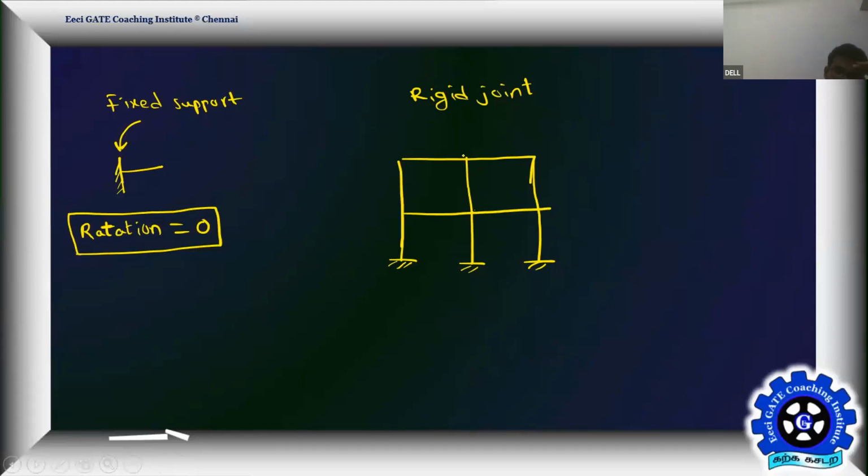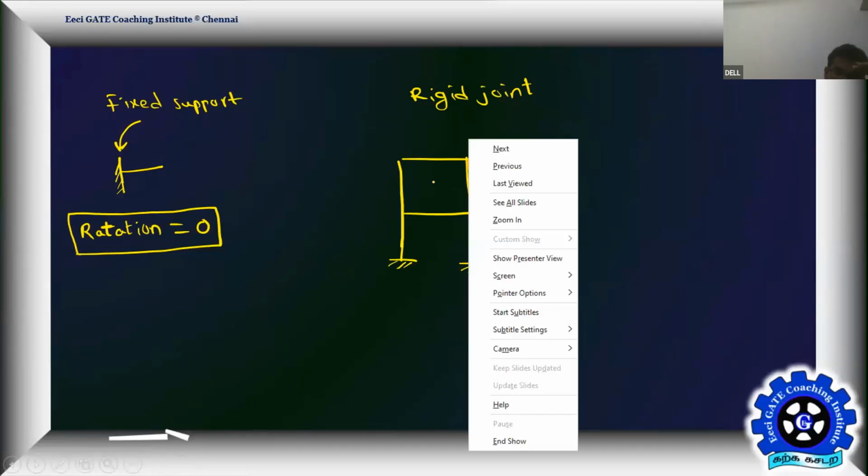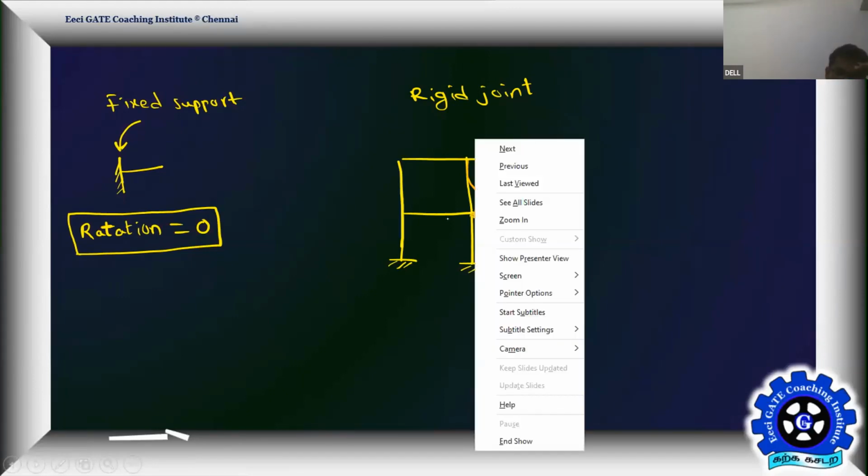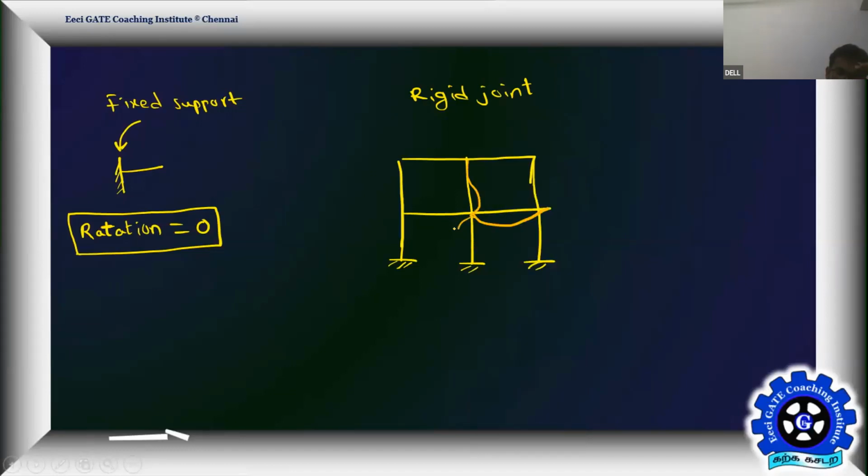When I apply some rotation, every element undergoes the same amount of rotation. Every element, whatever it is, has to undergo the same amount of rotation. Did you understand this, all of you? This is what we call a rigid joint.